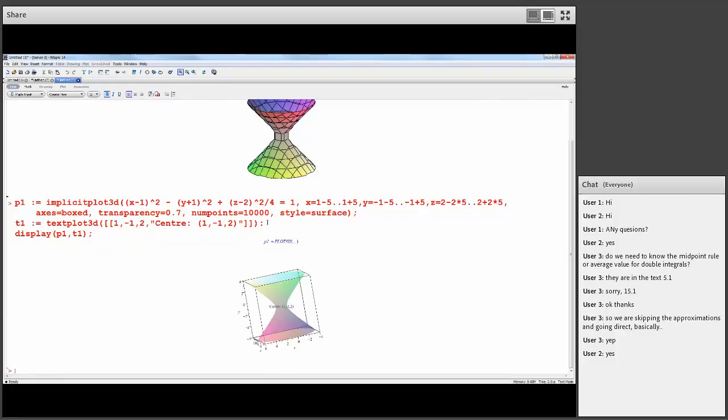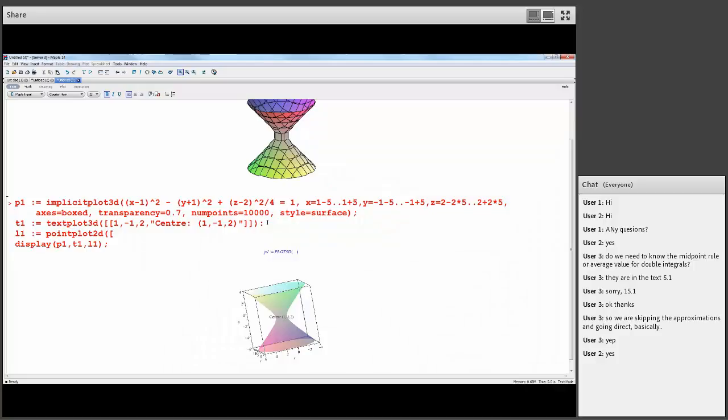And if you wanted to do other things, you can have a line, for example. Let's draw a line. So I want to do a point plot in 3D, and I want to draw a line, just that central axis like I did in my freehand drawing.